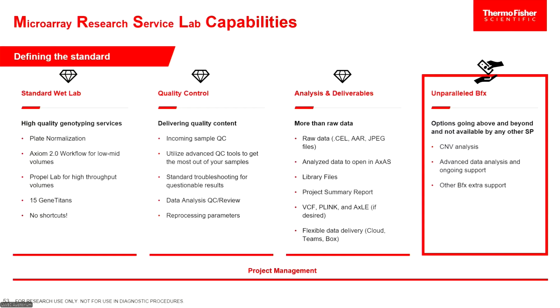I see on the third column there's something known as Axle, and this is our tool that we're able to actually convert files to an Illumina format. So if you're used to an Illumina format on their arrays, we're able to mimic that for you in your output.